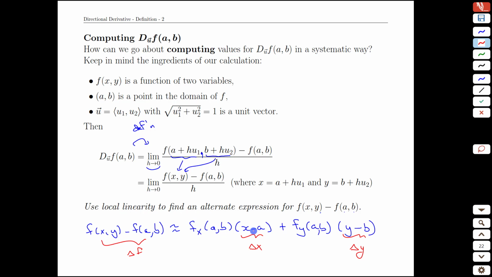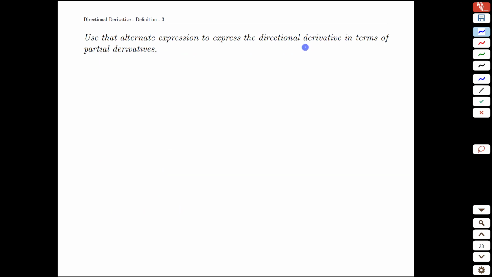Well, that's interesting because now we have something that relates back to the derivatives we do know how to take, the x and y partial derivatives. Let's explore a little further. All right, well, our directional derivative in the direction of u at the point a, b of the function f is equal to the limit as h goes to 0 of, well, what we just said on top there.